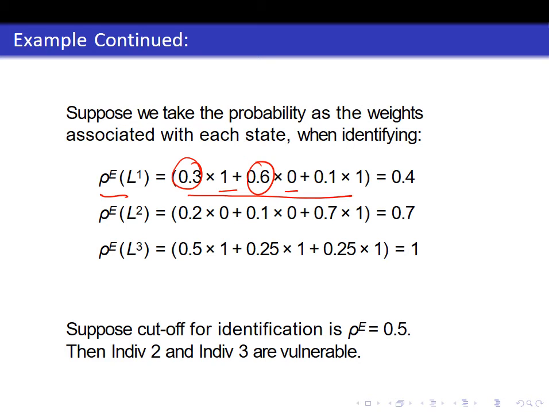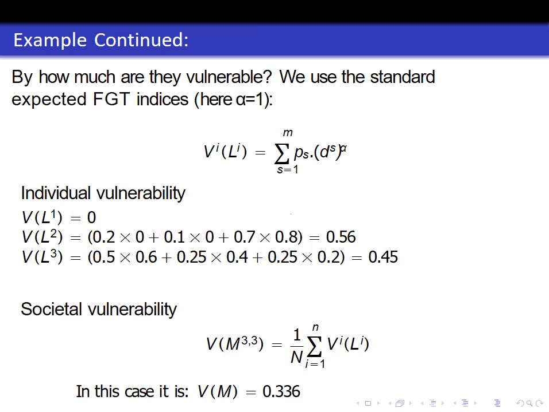Hence, individual 1 has a rho E value of 0.4, individual 2 has rho E value of 0.7, and individual 3 a value of 1. If we decide on a cutoff of rho E equal to 0.5, that means only individuals with rho E greater or equal to 0.5 would be considered as vulnerable. Then the two individuals who are vulnerable are individual 2 and individual 3. In our model, individual 1 is not vulnerable.